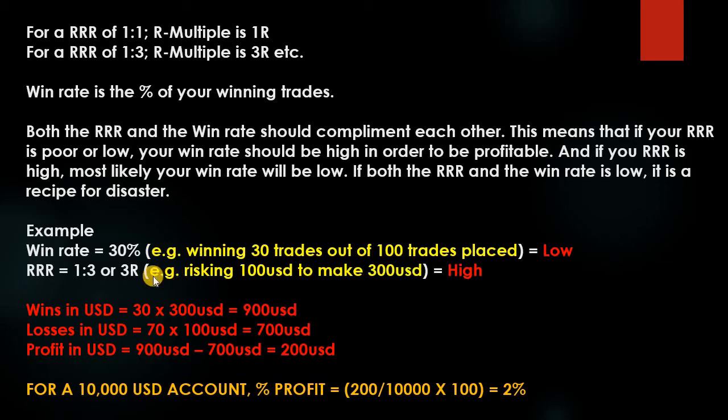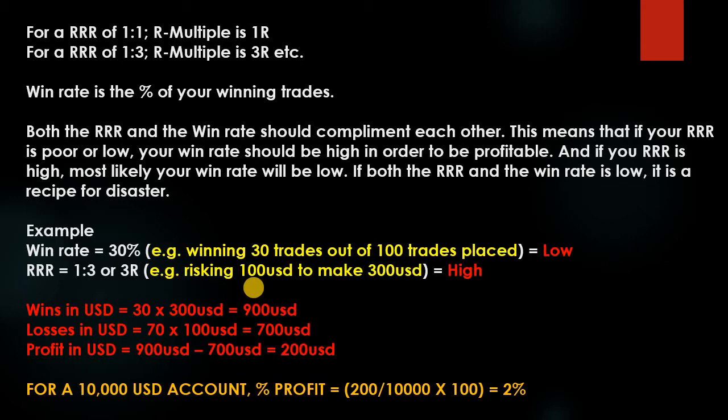And the risk to reward ratio of 1:3 means that every time this trader loses, he loses 100 USD, and every time the trader wins, he wins what? 300 USD.